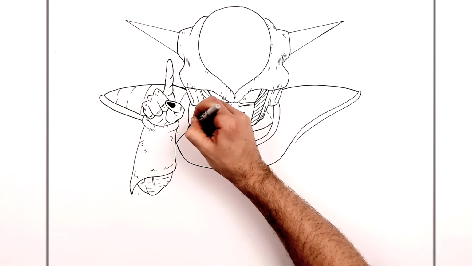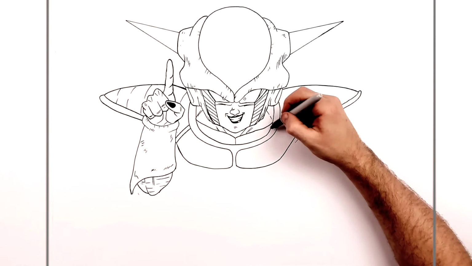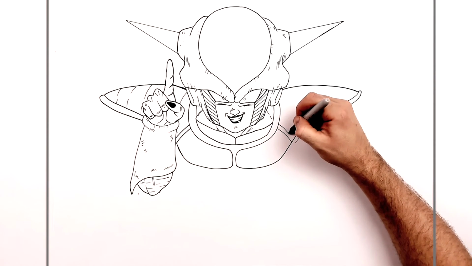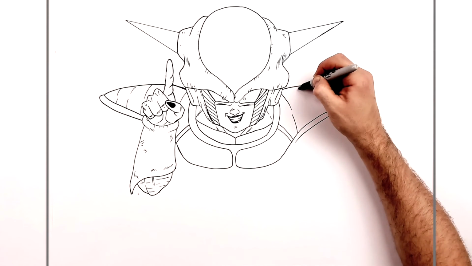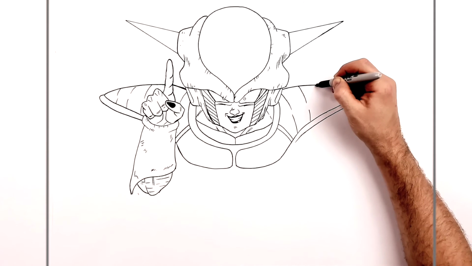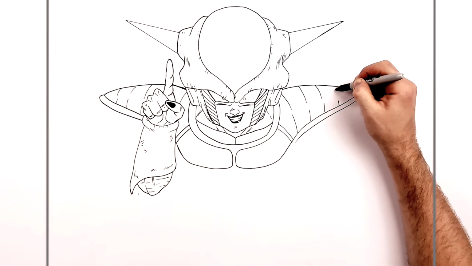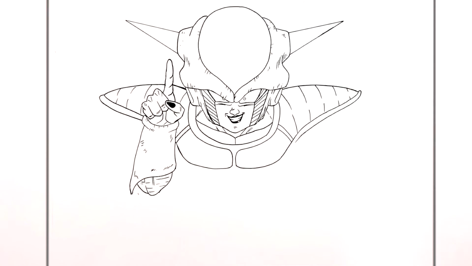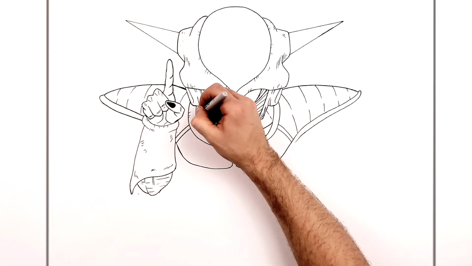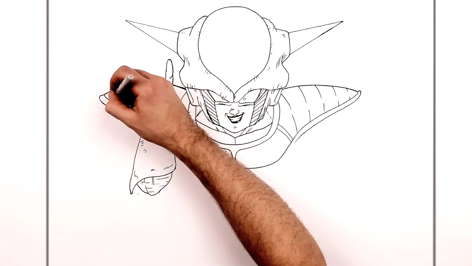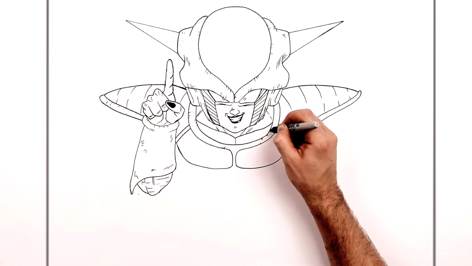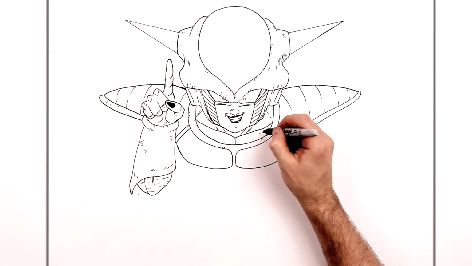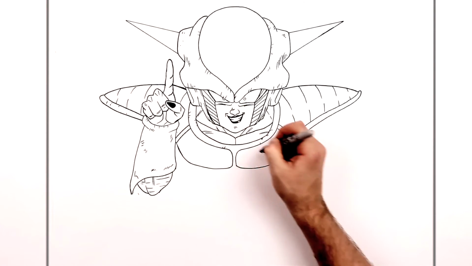And then we have a white line here, and a white line here, and some curved lines on his shoulder pad over here. Like so. All these white lines are his armor, so they have some texture lines on them. Like so. Some kind of collarbone in there.